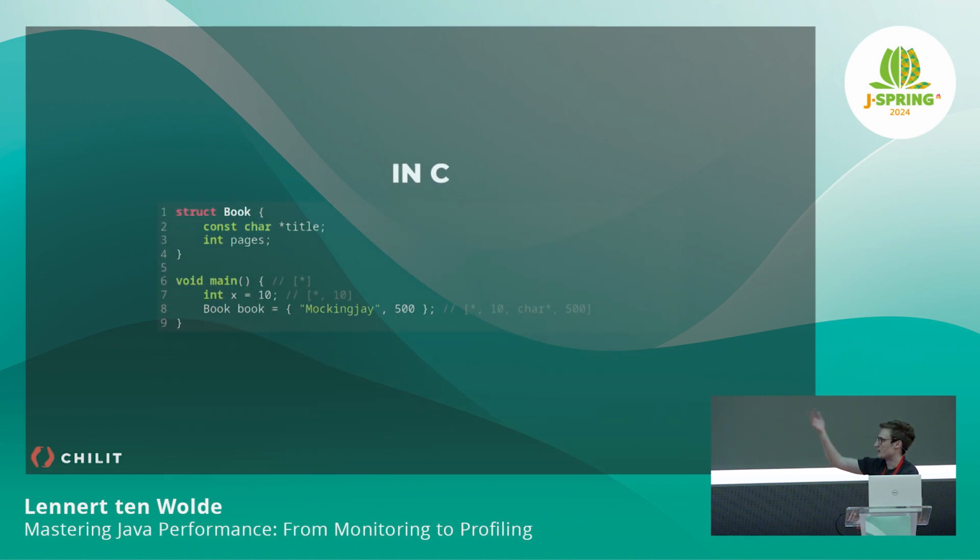So in C, for example, you have an object called book with two properties, and when your program runs, it has a stack which contains all of your variables. It starts with just a stack pointer, and then a number gets added, and then your object is added onto the stack directly. So your fields are added onto there directly, and that means that if you access them, they're going to be on the stack. This data is cached.